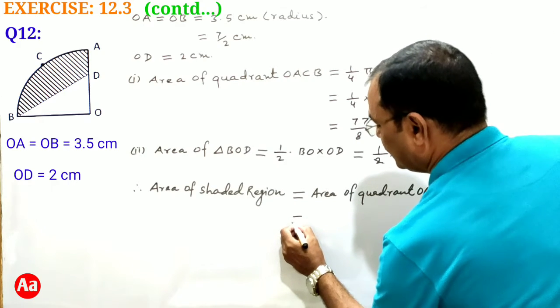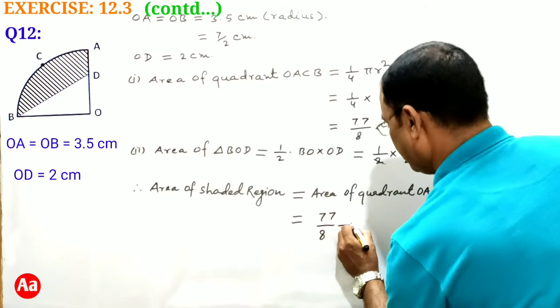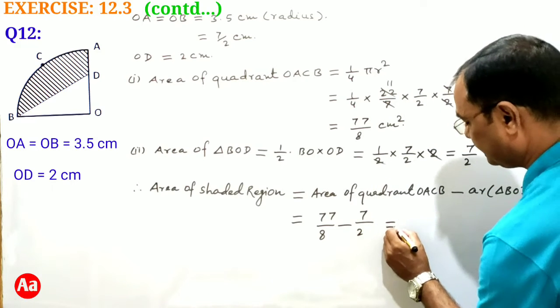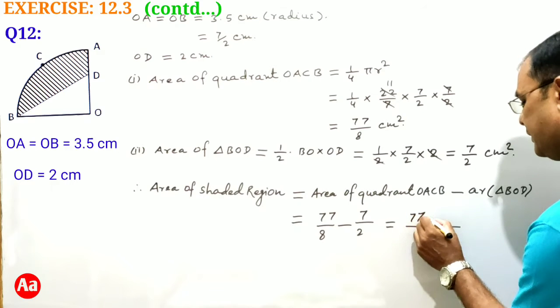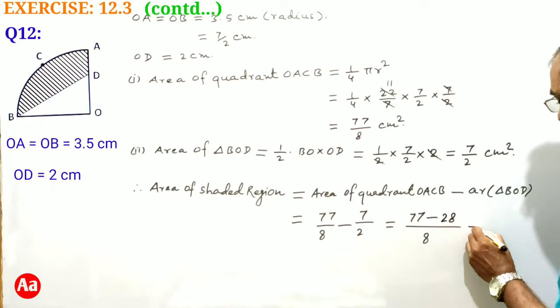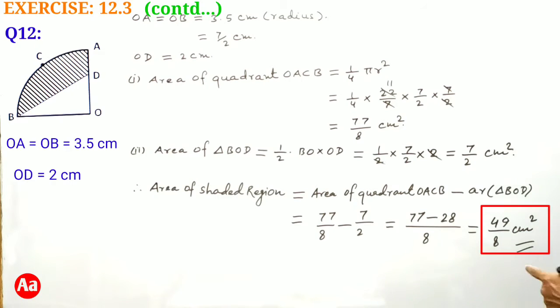This is equal to 77/8 minus 7/2. If you take the LCM, 77 minus 28, equal to 49/8 centimeter square. This is the area of the shaded region.